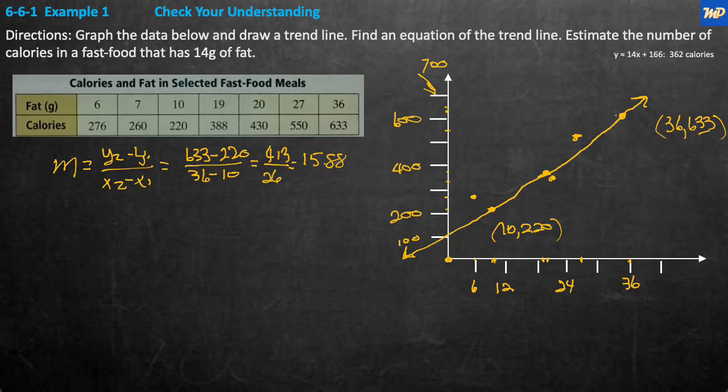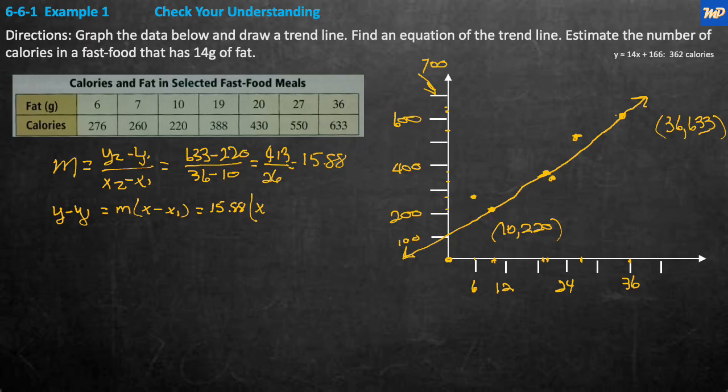So now that I have the slope, I can now use the point slope to define the line. Point slope. And point slope is what? It's y minus y1 is equal to m times x minus x1. And if we substitute here, I'm going to say y minus y1 is equal to m, which is 15.88, times x, right? Oh, I guess I should have put in the y1 here too.